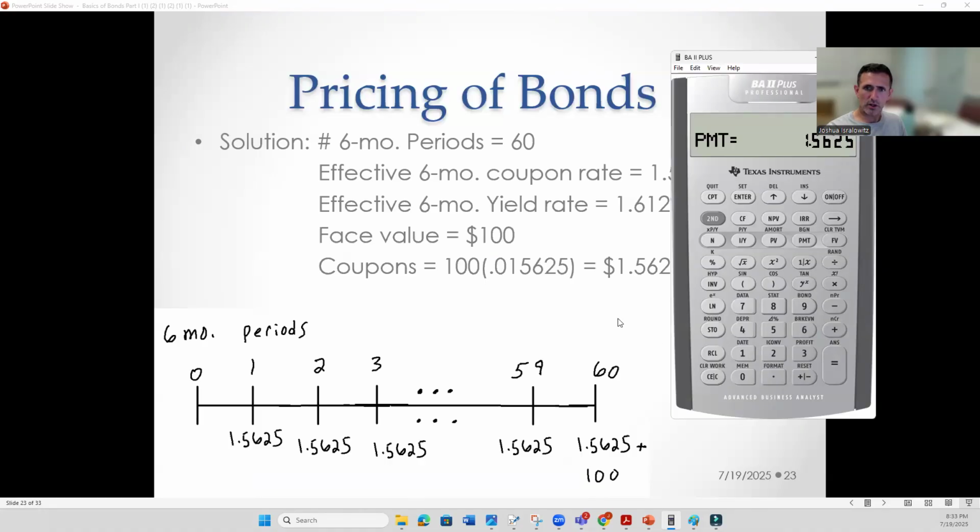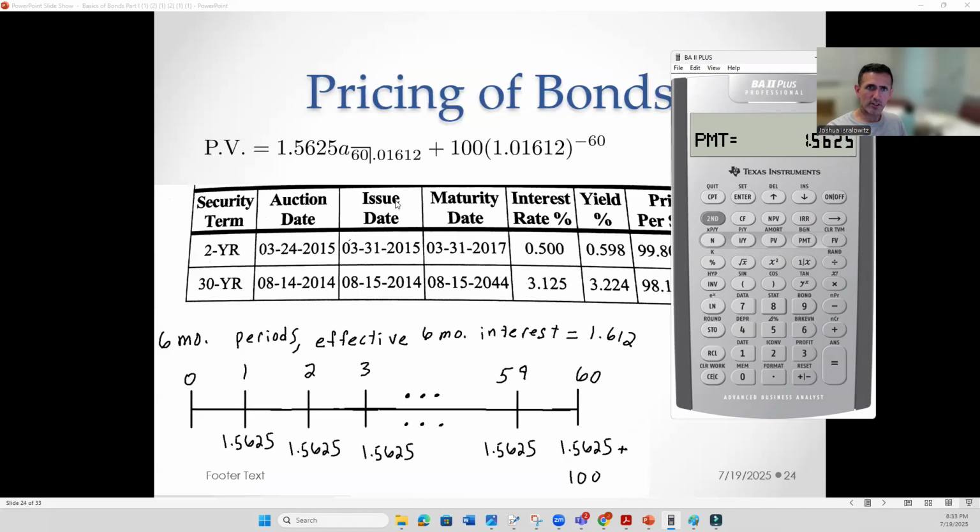Right? So, yeah, let's just get this here. The payment is this $1.56 roughly, 60, and the rate is this as a percentage.